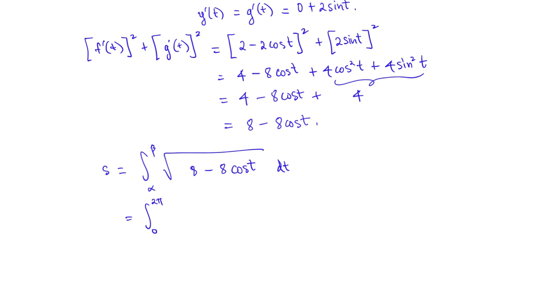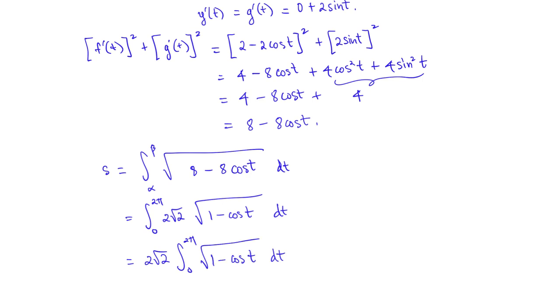We then factor out 8 to obtain 2 root 2, the square root of 1 minus cosine of t dt. This is 2 root 2 times the integral from 0 to 2 pi of the square root of 1 minus cosine of t dt.